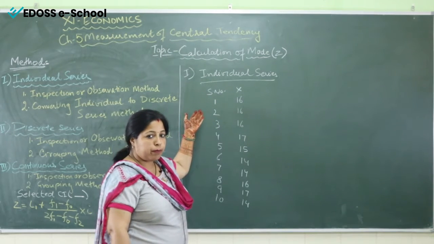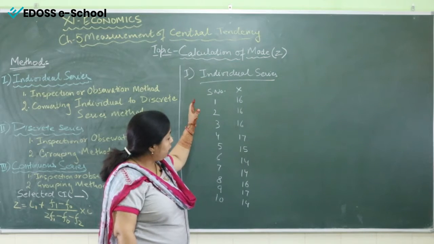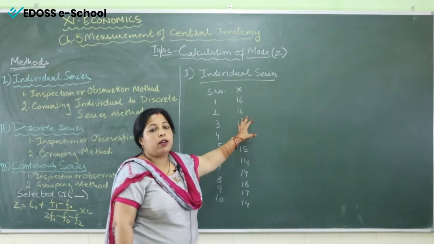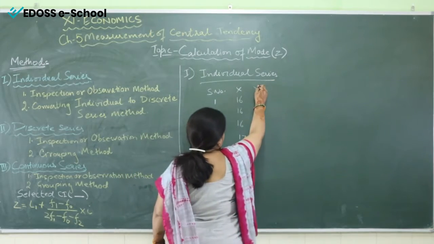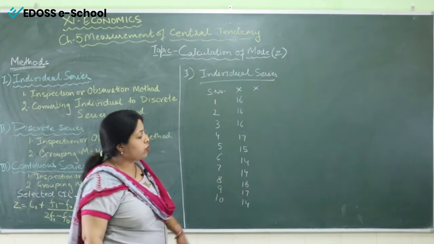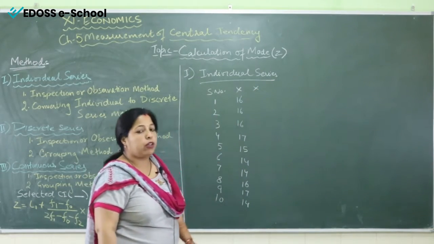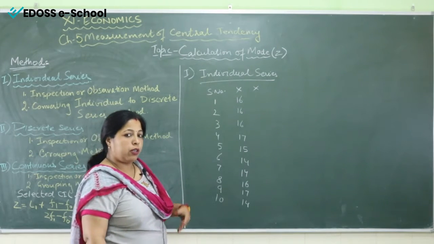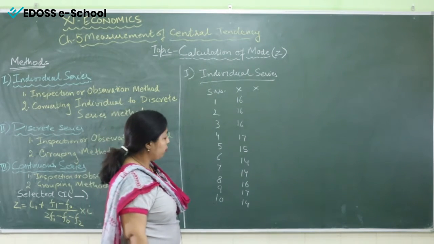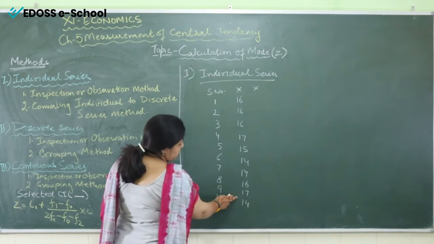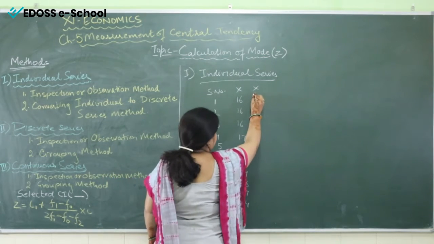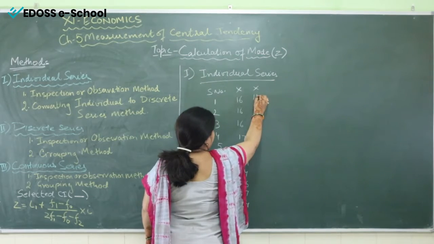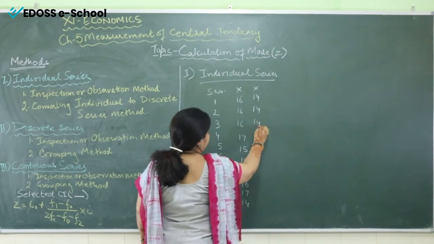As you all know, what do we do as the first step? We write the data in the ascending order. Rather, in this topic there is no need of arranging it in order, but as per the method which we follow we are going to do it. See how many times 14 is there: 1, 2 and 3, that is 14, 14 and 14.